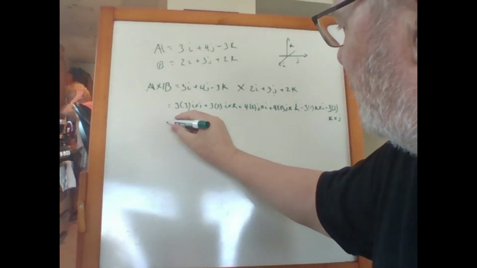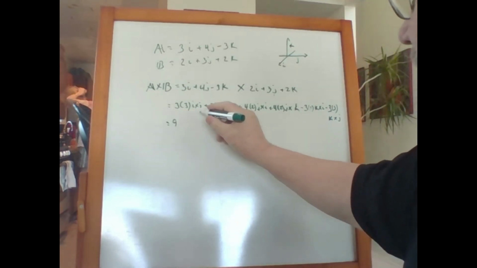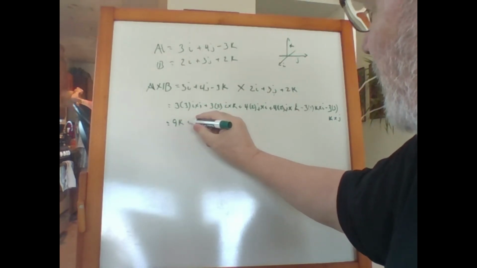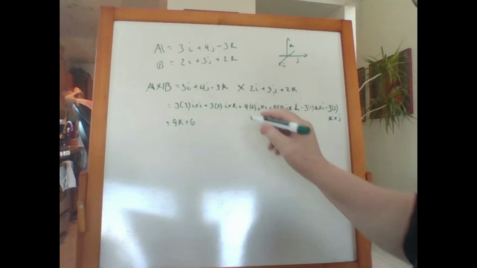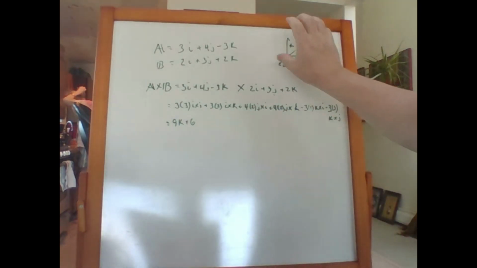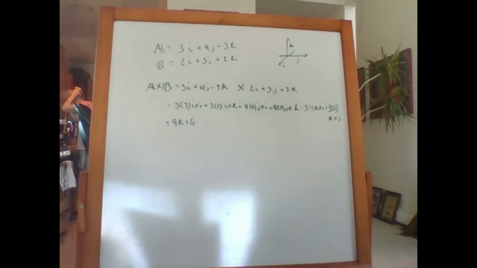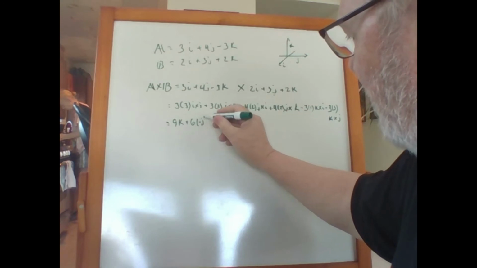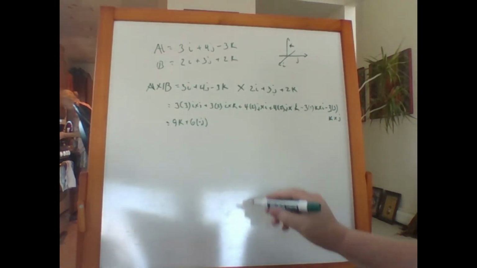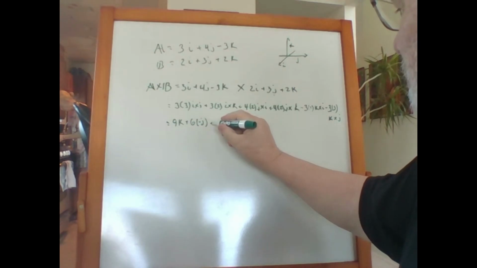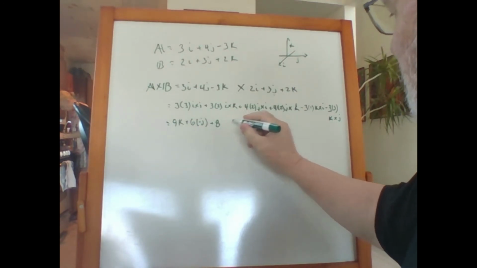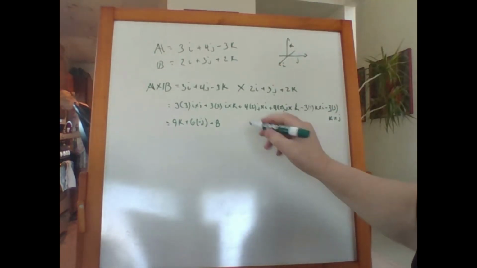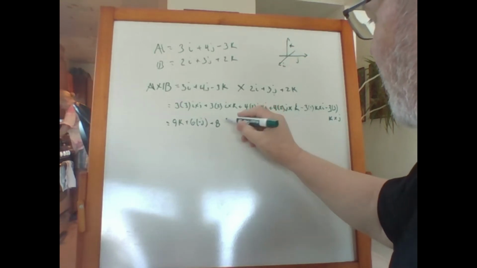Okay, so we have 9 i cross j. i cross j is k, plus 6 i cross k. Now, i cross k is in the negative j direction, so that's negative j. Okay, this is plus 8 j cross i. Again, j cross i is in the negative direction, so that's negative k.